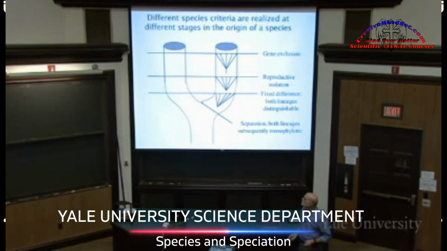Okay? And then finally, up here, no hybridization at all is possible, and you have complete genetic isolation. So you would think that with reproductive isolation you wouldn't get any hybrids, but there could be a few mistakes. And so finally, complete gene exclusion is usually coming after what is in practice reproductive isolation. This is a bit imperfect.